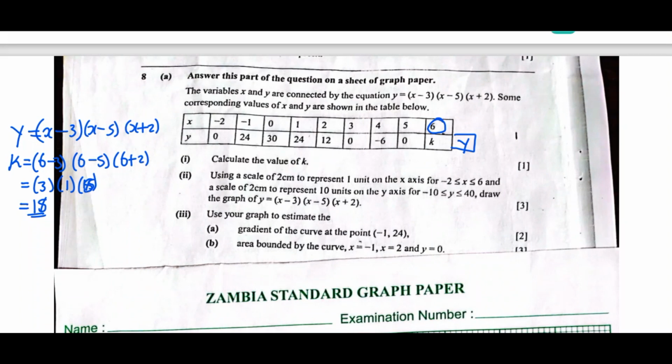Now Roman number 2, using a scale of 2 centimeters to represent 1 unit on the x-axis for the range -2 up to +6, and a scale of 2 centimeters to represent 10 units on the y-axis for the range, draw the graph of... okay, so let's look at this question here.